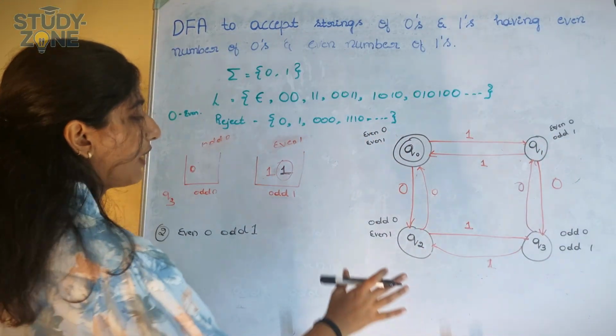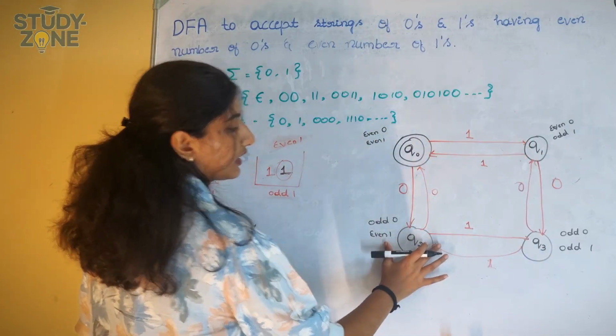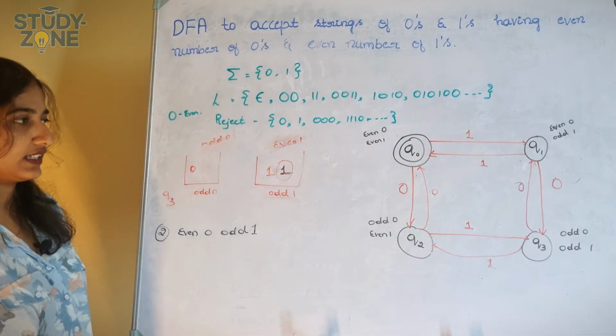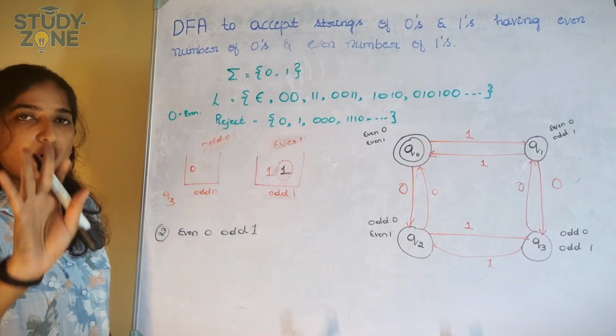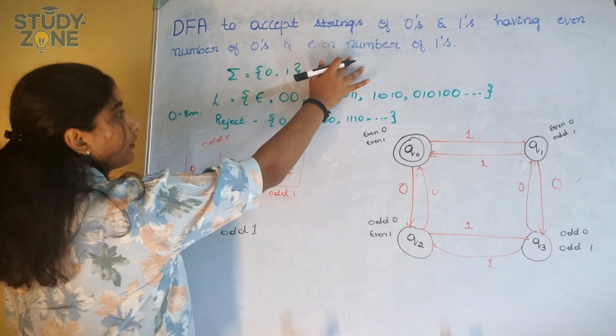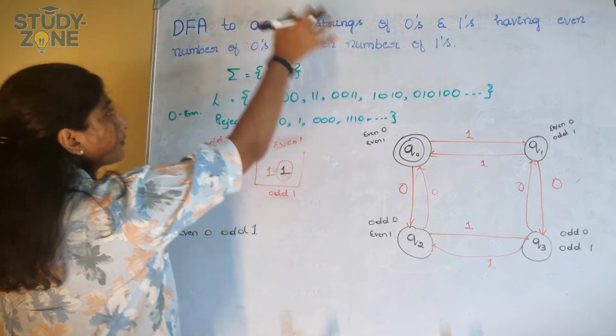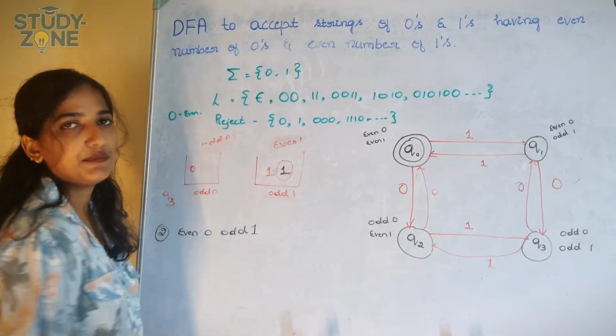That's it. If you have a question like odd 0, even 1, remove everything as final state, keep this one as final state. That's it. So from just one example you have solved 4 questions. In the examination, if you get odd 0, even 1, or even 0, even 1, or odd 0, odd 1, just follow the same method.